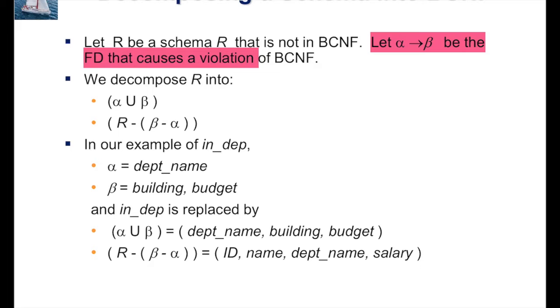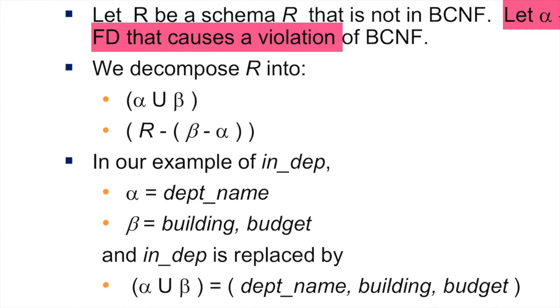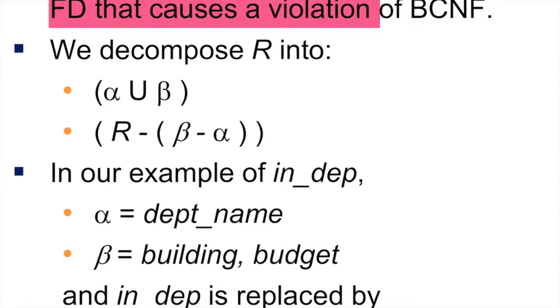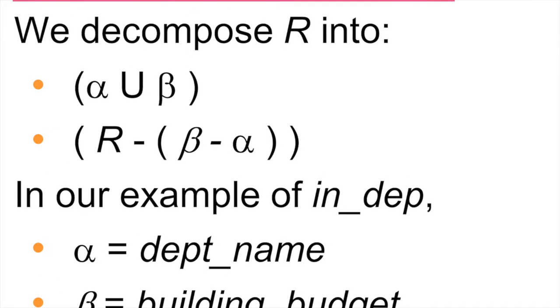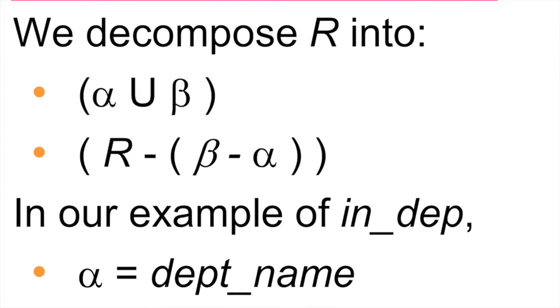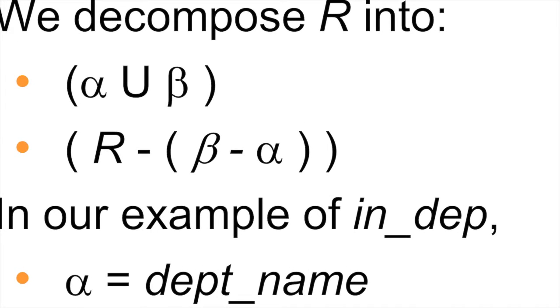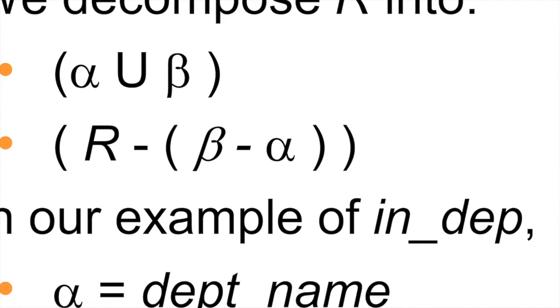What we need to do is to get the value for alpha, get the value for beta, and then you decompose R into two tables, and yung content ng two tables na yun ay attributes ni alpha union beta, and the remaining parts of the table will be R minus beta minus alpha.